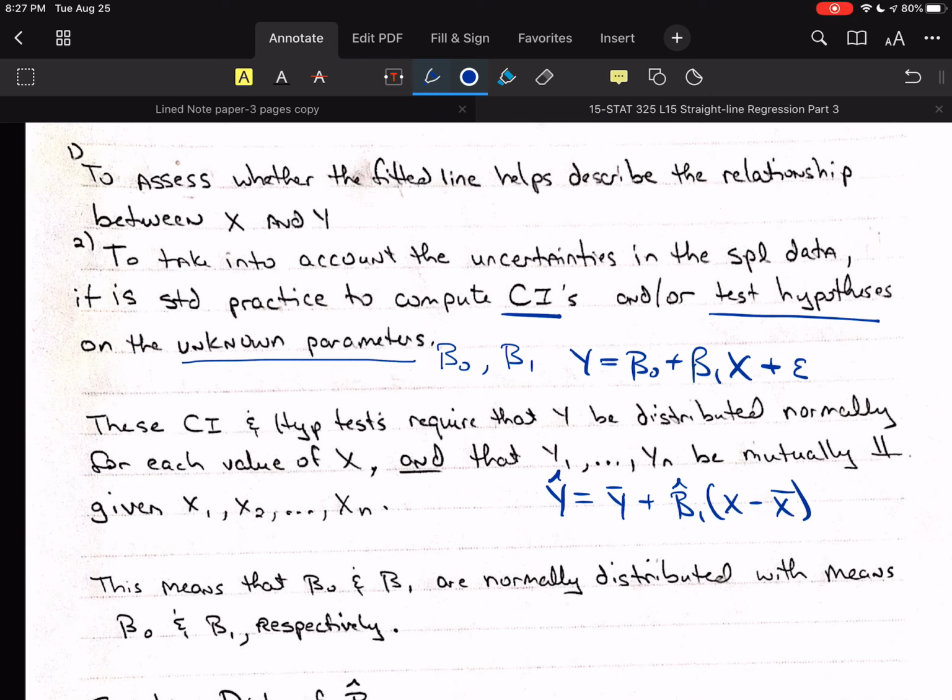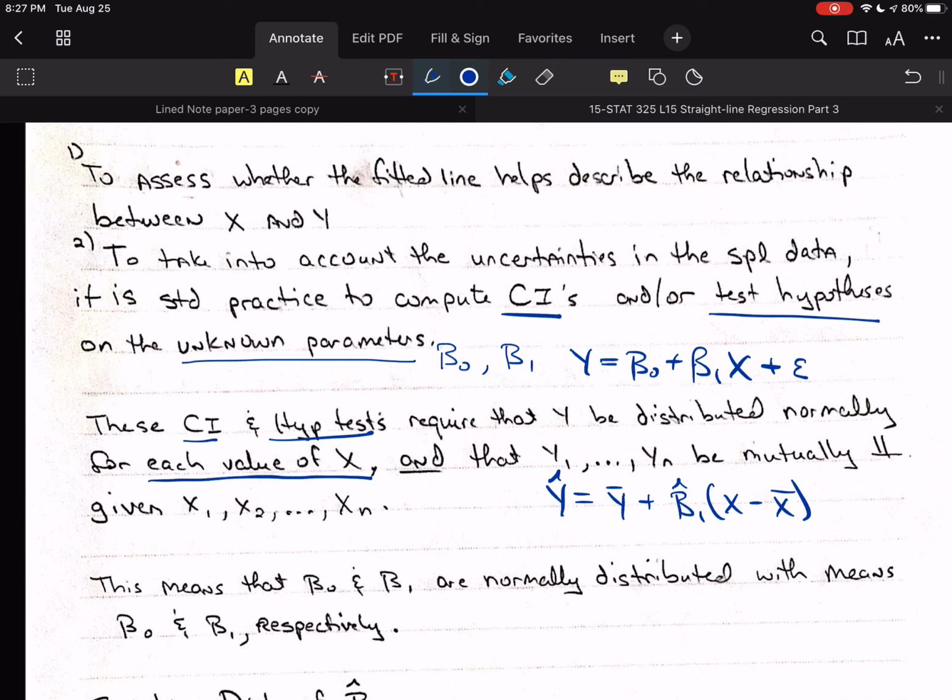That is substituting in for beta naught hat. Okay. And for us to calculate these confidence intervals and hypothesis tests, y has to be normally distributed for each value of x.